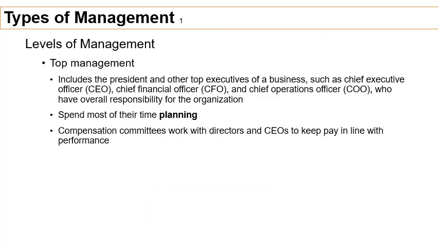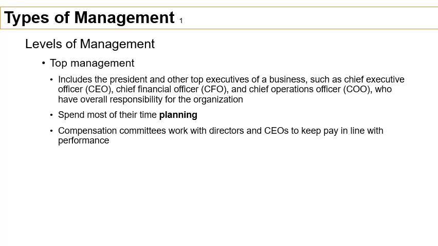Okay, top management, like I was mentioning before, is going to be composed of a few managers. It's usually a small group. So you will have the CEO of the organization and then maybe other C-level executives like the CFO, CMO, etc. And other than that, there might be, depending on the organization, a few executive vice presidents, but that's it.